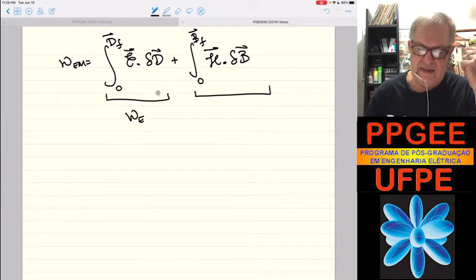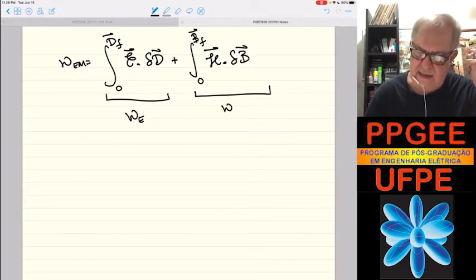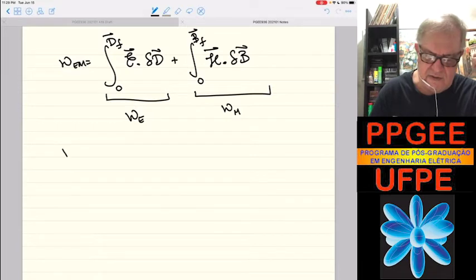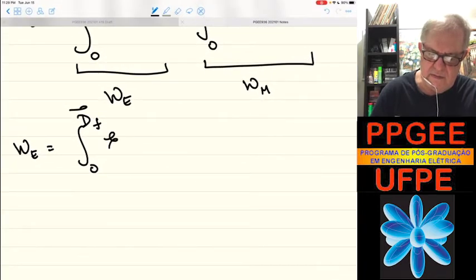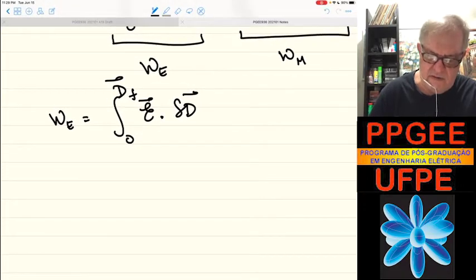The electrical energy density is this type of integral in the space of states, and this is the magnetic energy density. So that's what we have. W_E equals the integral, as we did before. There's nothing new here.